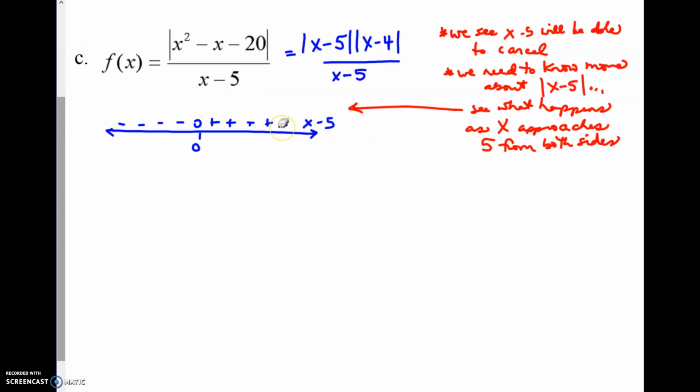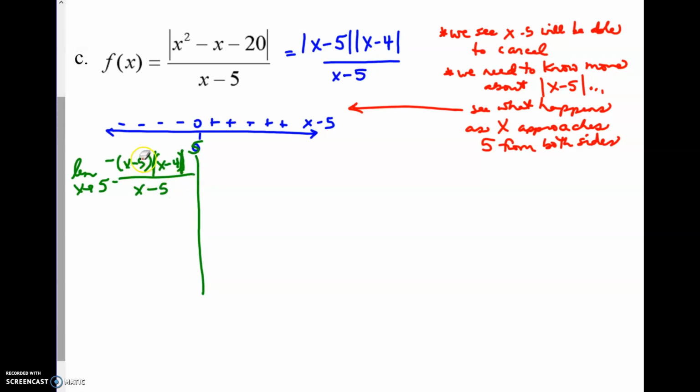So let's do a little sign analysis. We see that after doing this, we've got two regions. In this region where the absolute value of x minus 5 is negative, we can evaluate this limit as x approaches 5 from the left, of negative (x minus 5) times the absolute value of x minus 4, over x minus 5.